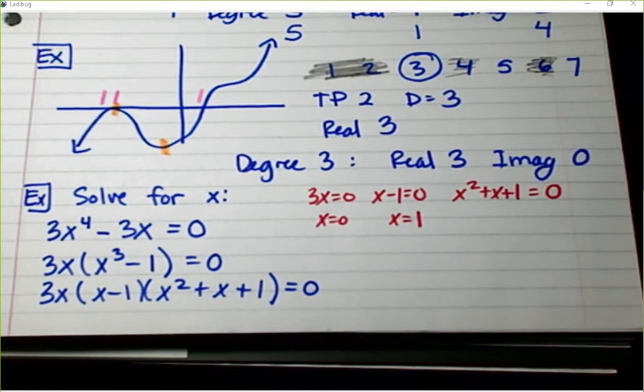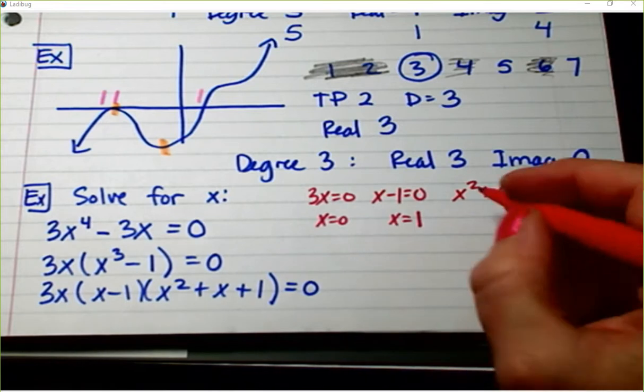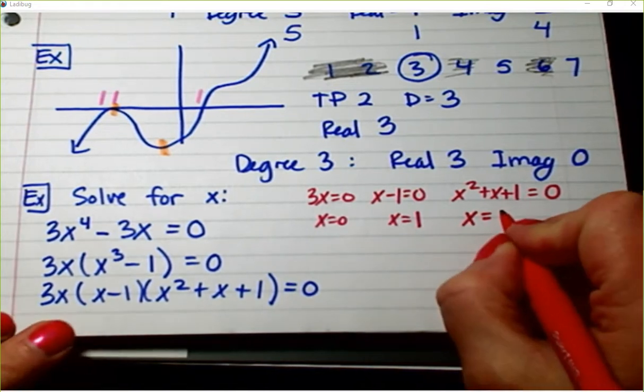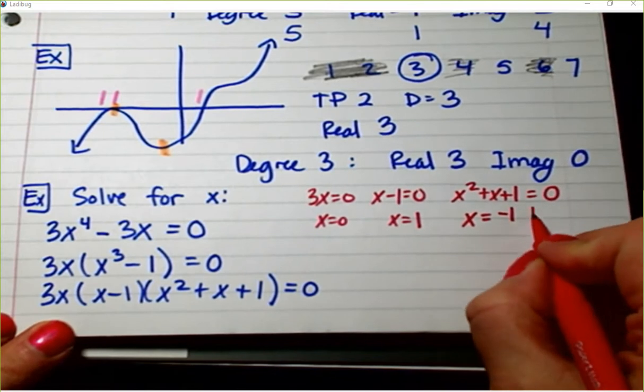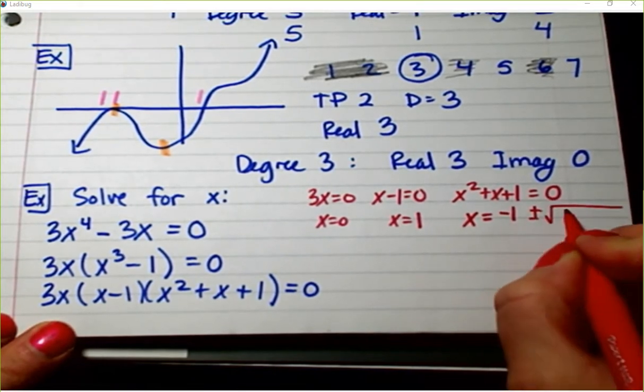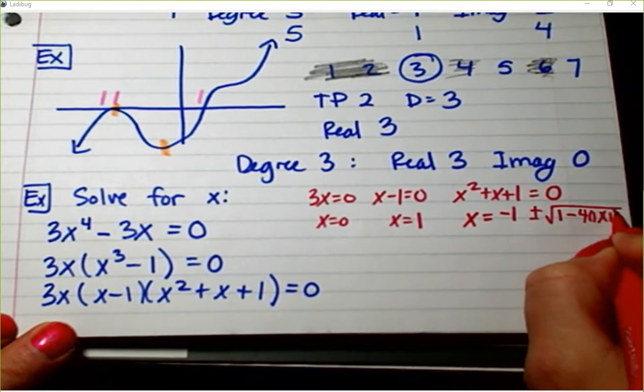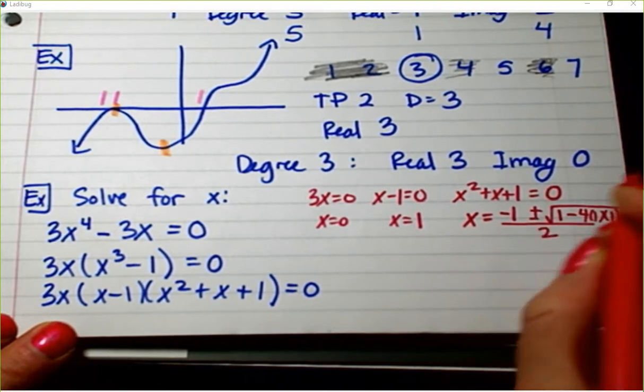The next one doesn't factor, so it's either complete the square or the quadratic formula. I'm going to use the quadratic formula because those numbers look really small and it should be reasonable to simplify. So opposite b, plus or minus the square root of b squared minus 4ac, all over 2a.